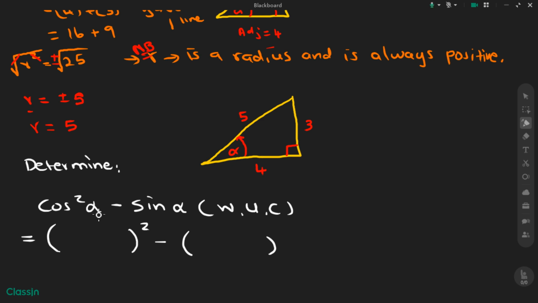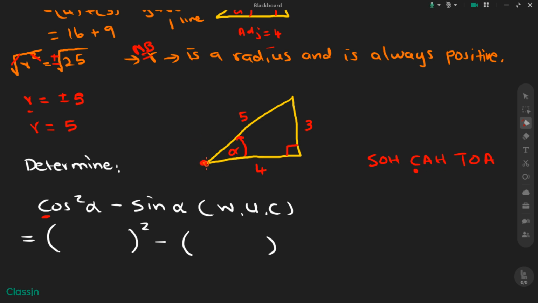Then we go to our SOHCAHTOA. What is the first ratio that is given? It is cos. The cos of an angle is equal to adjacent over hypotenuse.